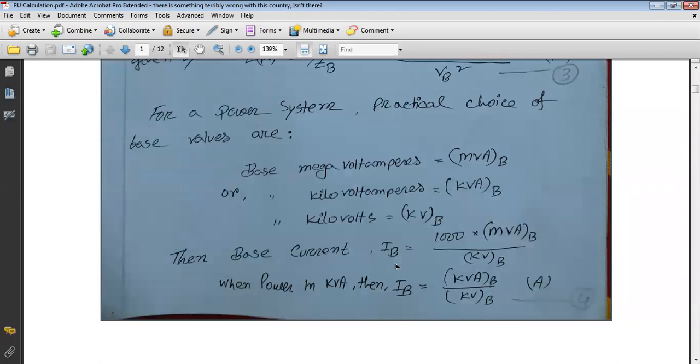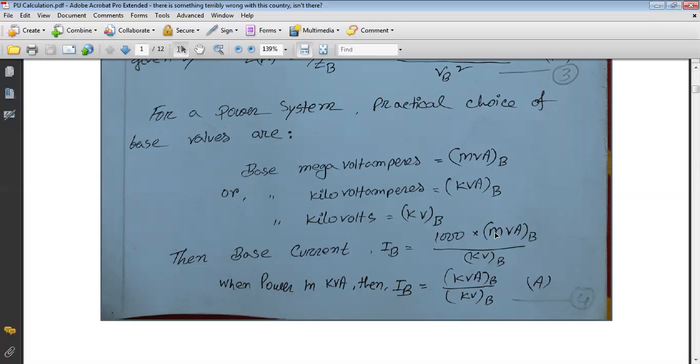So for a real power system, the current base should be power divided by voltage. So the power is in megavolt ampere and the voltage is in kilovolt range, so this is megavolt ampere divided by kilovolt. And this 1000 that I have written here is coming from the unit. To convert the unit, the voltage unit is kilovolt, so the power unit should be kilovolt ampere.